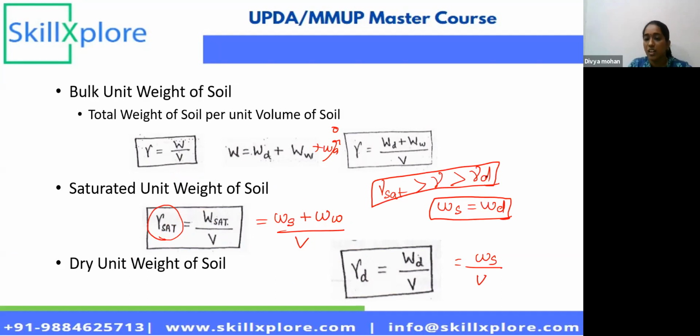The common unit used for unit weight is kilonewton per meter cube. Sorry, this is unit weight. For density, we'll be using rho, which is kg per meter cube. For my convenience, I'll be dealing only with the unit weight of soil. However, the formulas used for unit weight can also support density value problems.